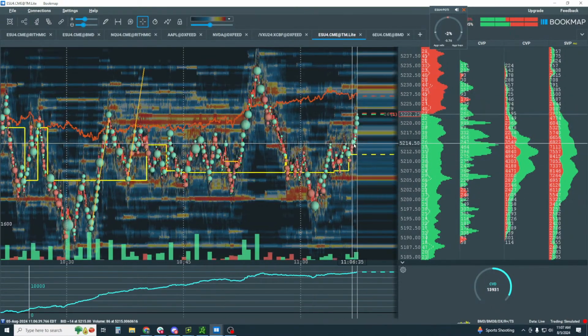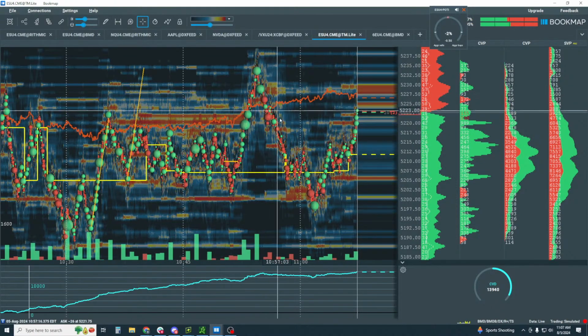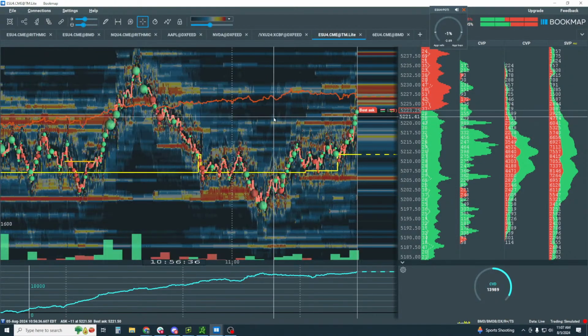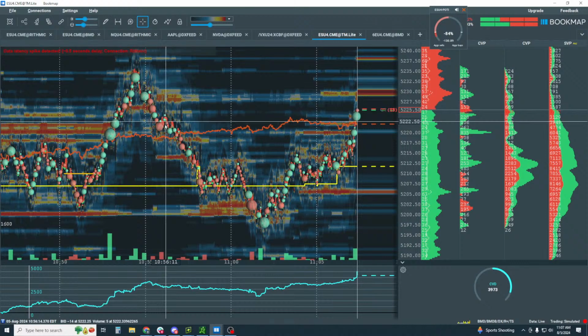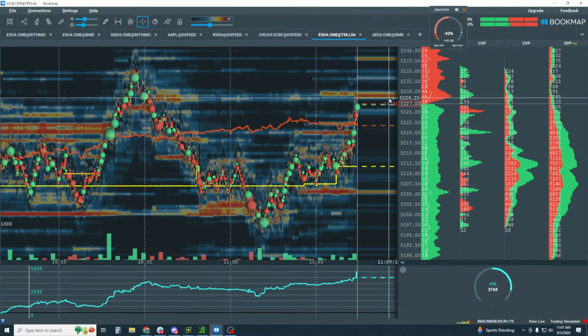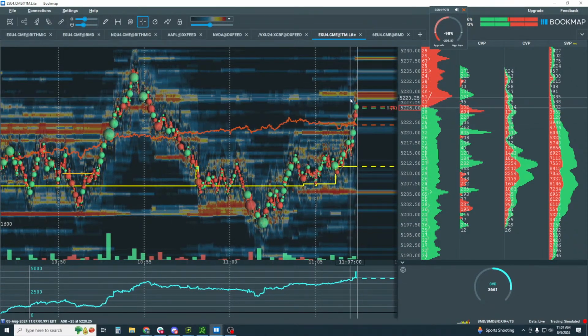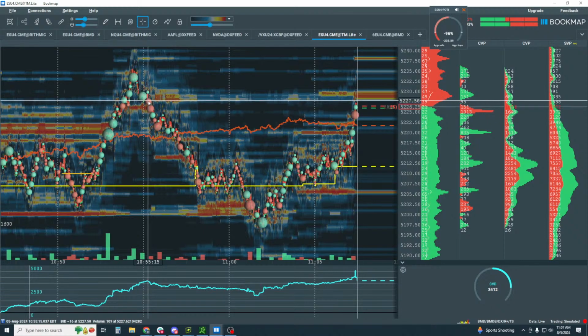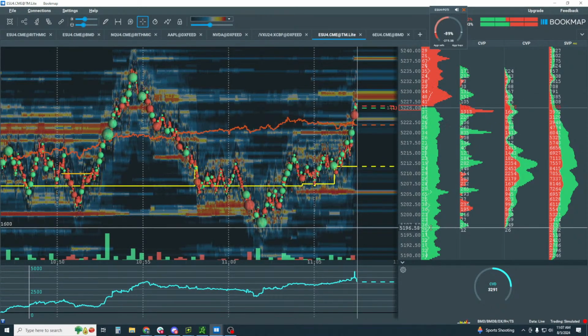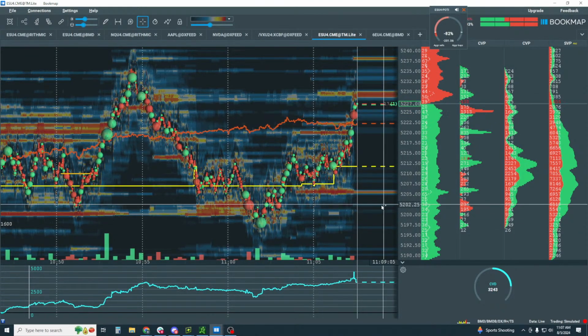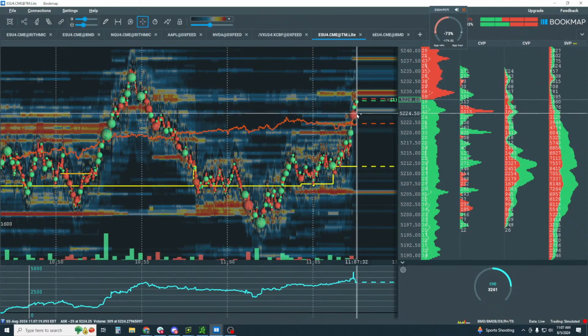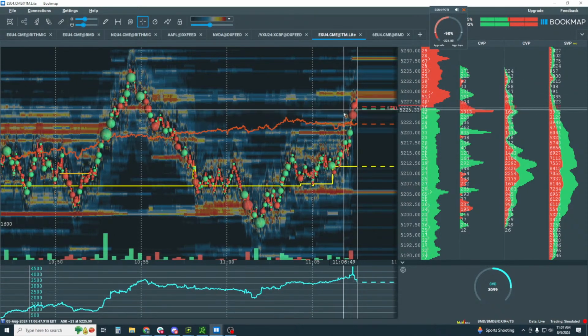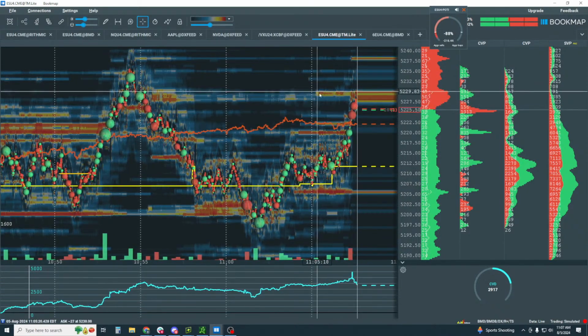It's trending pretty nicely, so we're looking for the continuation. Maybe a bit of a pause right around this area here. No, it goes straight through it. Next level 30. Pace of tape is starting to pick up on the sell side here, so kind of interesting. So finding some sellers up here.